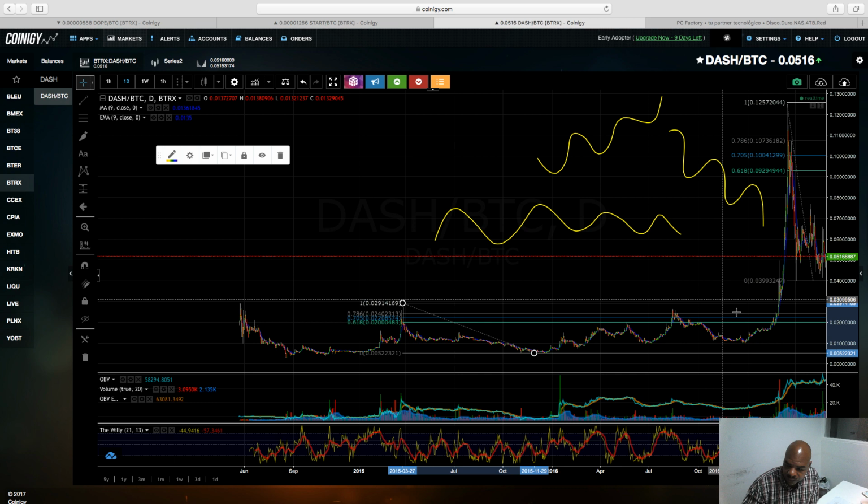So I'm just going to use these extensions. And this is the double, the triple, and the quadruple. And you could pretty much anticipate a market will go 4x after it breaks a long-term range.